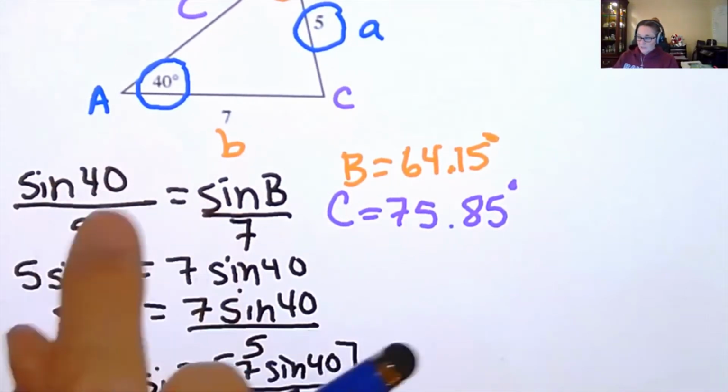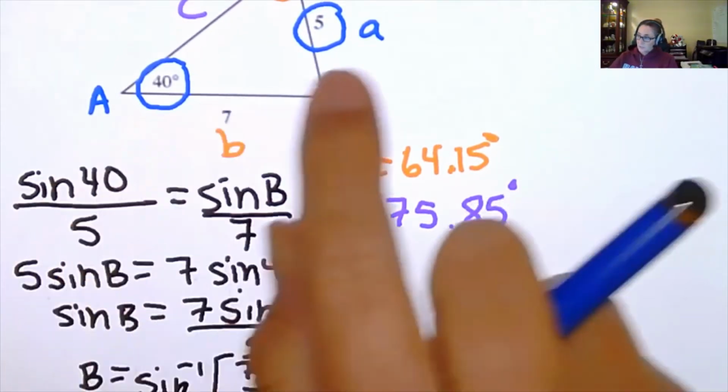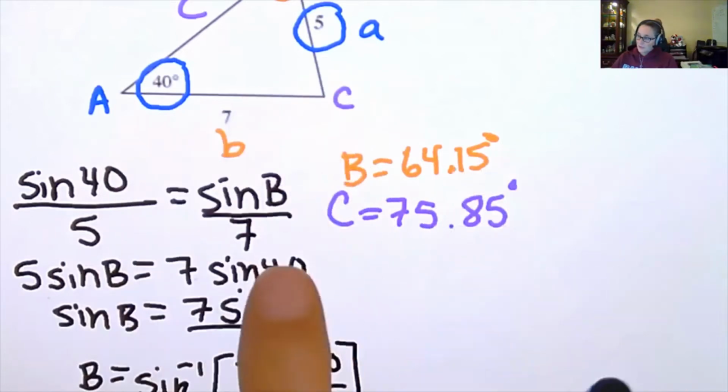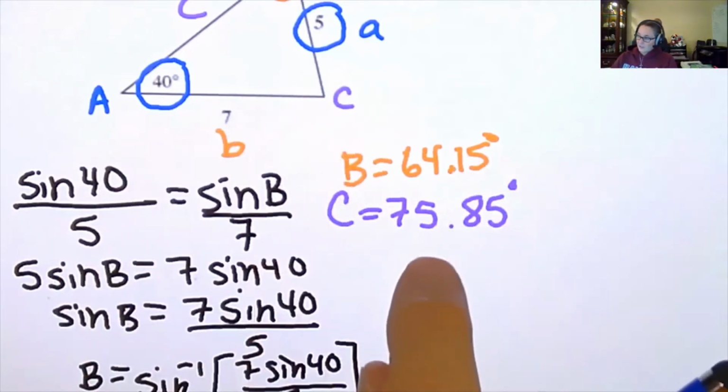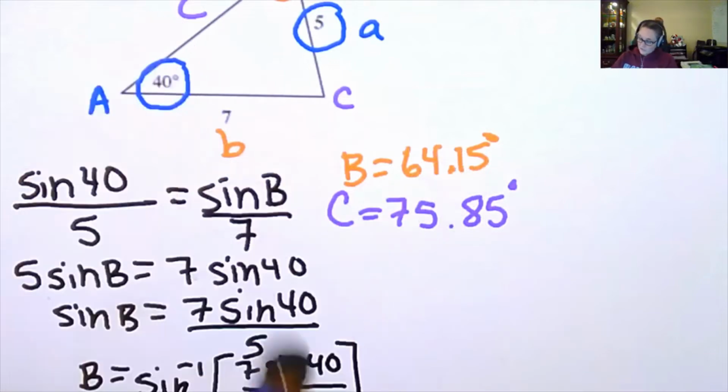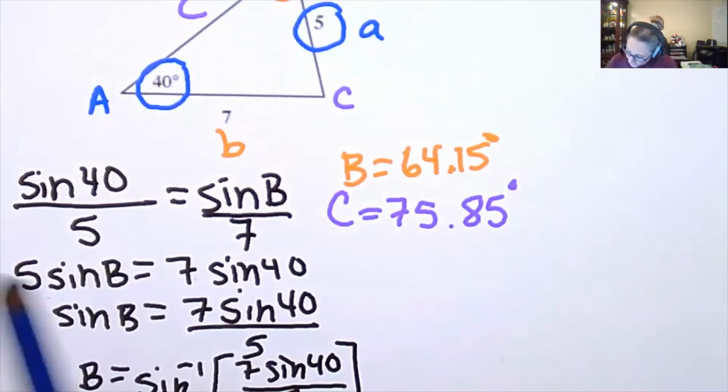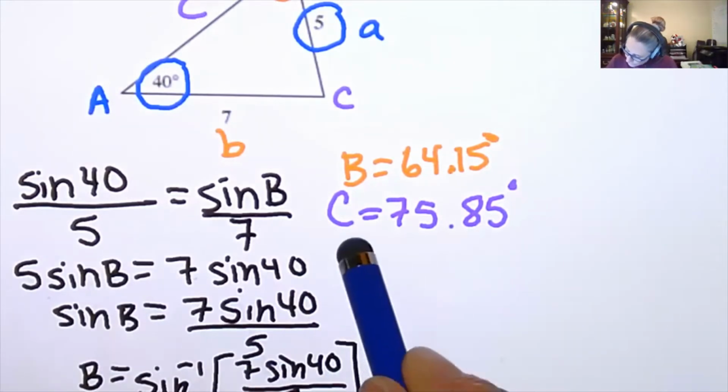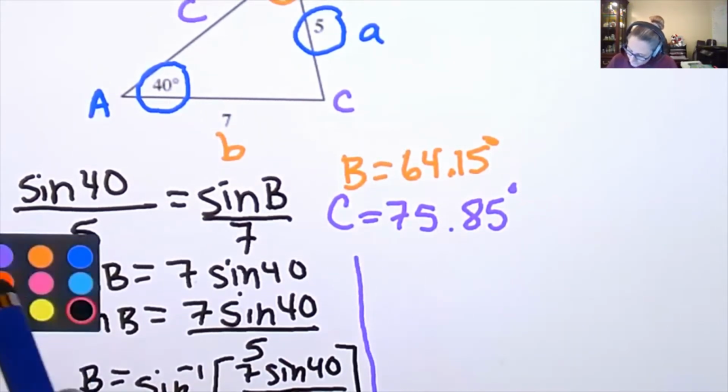I'm going to set it up like this. I'm going to use the blue, sine of 40 over 5 equals sine of 75.85 over c. Okay. So I'm just going to draw a line here.